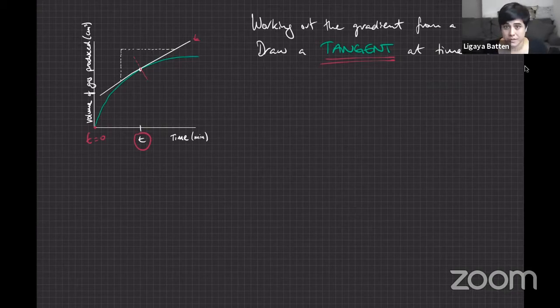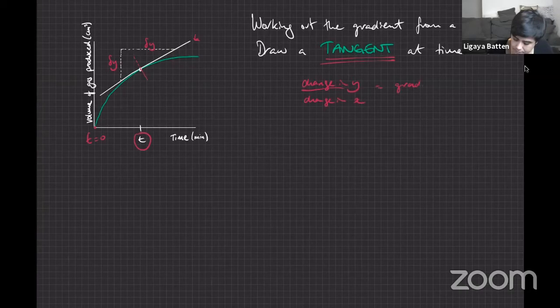So once you've done that, you can do exactly the same thing as you did before, and you're calculating the change in y over the change in x. Okay, so just use delta to show change in there. So change in y over the change in x gives you the gradient at time equals t, and that equals the rate at time equals t.